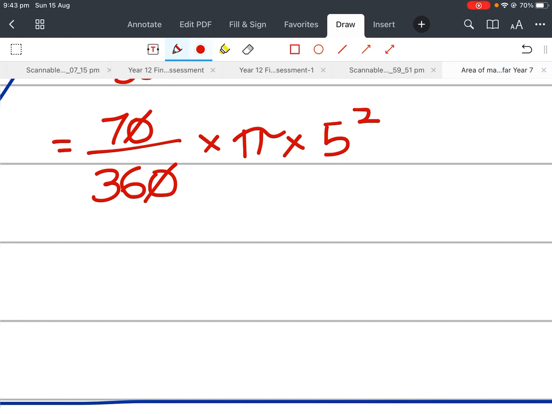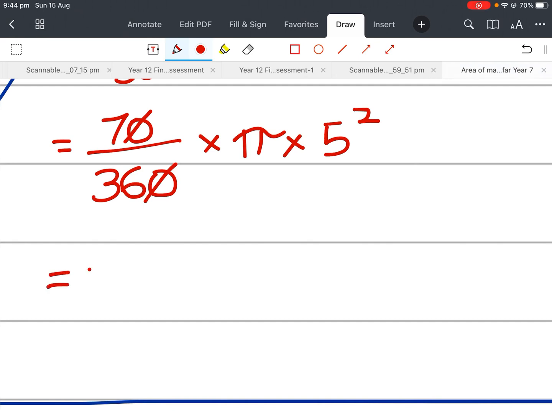So let's do that. Fraction key for me, 70 over 360. You didn't have to press the fraction key first. I'm going to arrow across, then press times. Second function, pi, down near the answer key, down the bottom there, times 5, and then I'm going to hit the squared. Got to press my F to D key, that gives me 15.27.